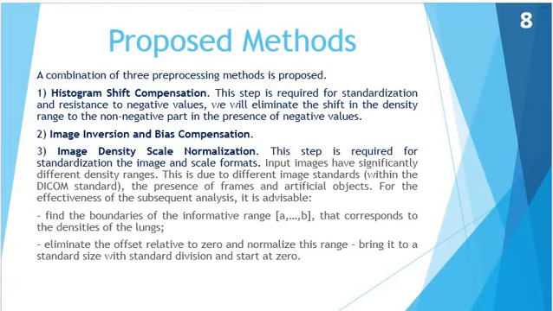Image inversion and bias compensation. This is the second method. And the third method, image density scale normalization. This step is required for standardization of the image and scale formats.